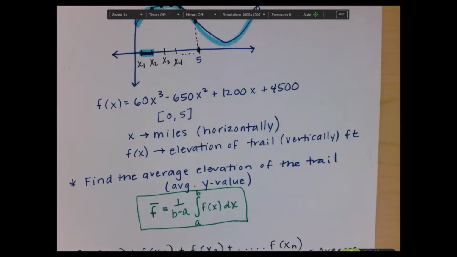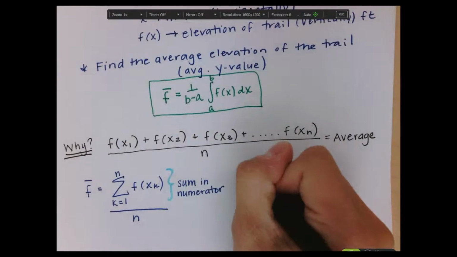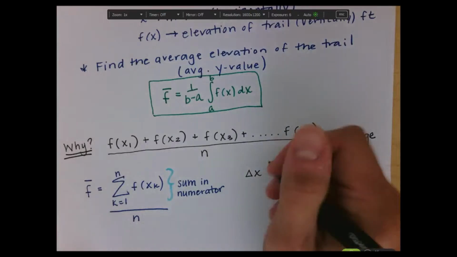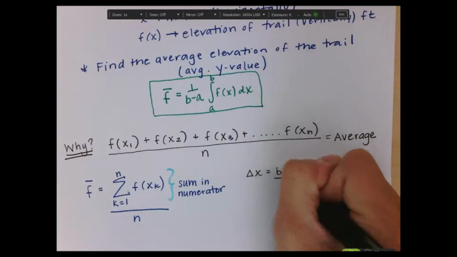How do we determine how to space those out? One of the things that we've talked about in previous lessons is delta x. Delta x represents the distance between the two x values, or the interval length. We know that can be calculated by b minus a divided by n.